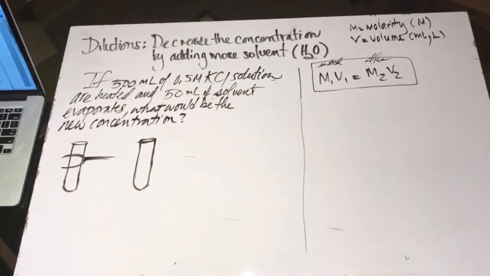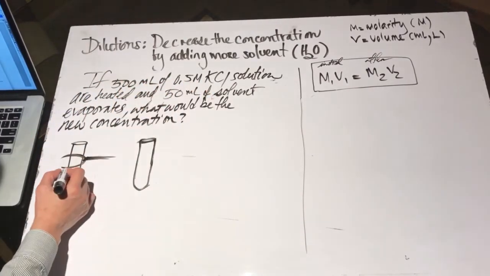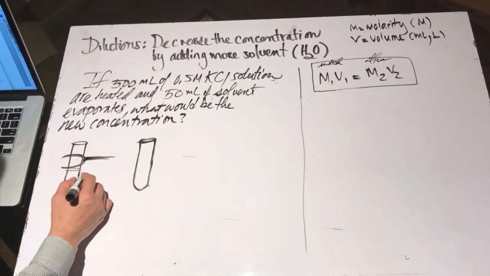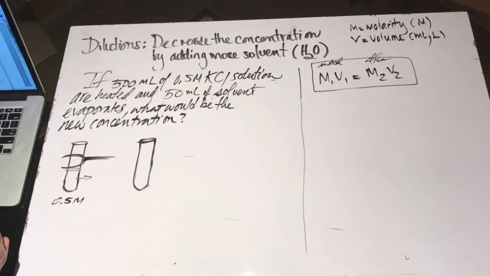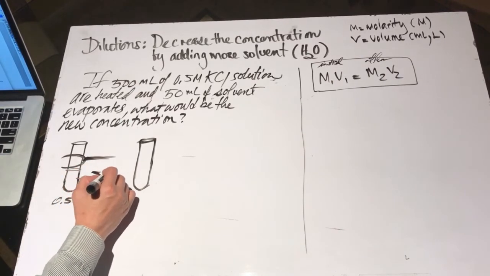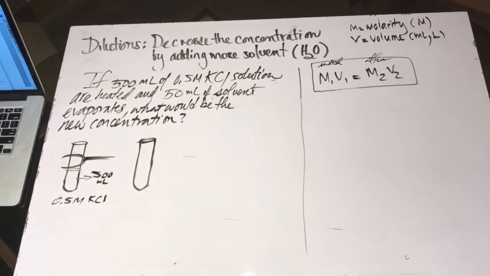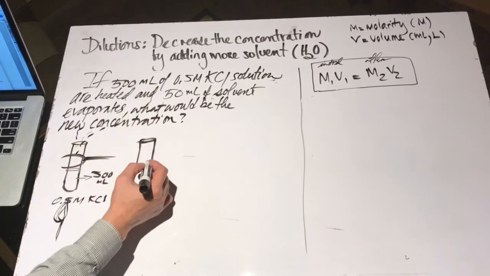Basically, first you have 500 milliliters of 0.5 molar KCl, that's potassium chloride. Initially you have 500 mL, but then you set it on a fire, so your solvent is evaporated.